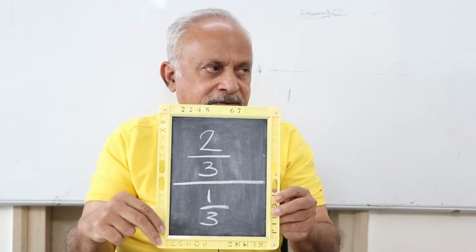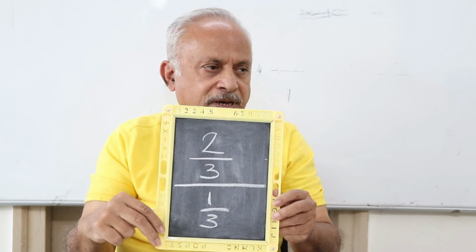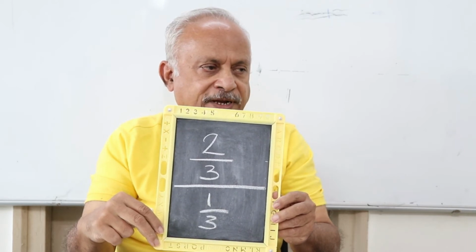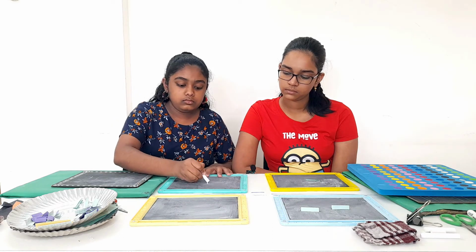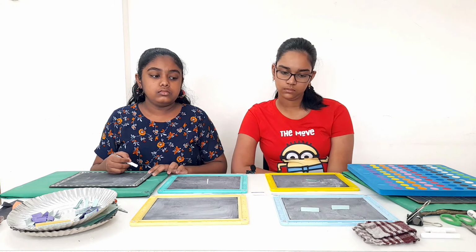And Gyanjyoti, take the chalk, write 1 in the bottom slate on the right hand side. What should you write on the top slate?